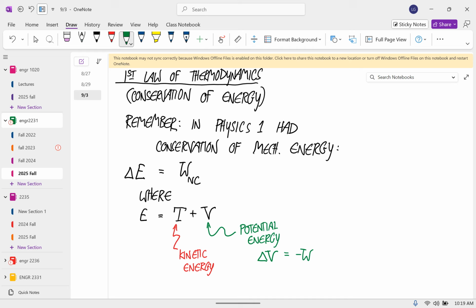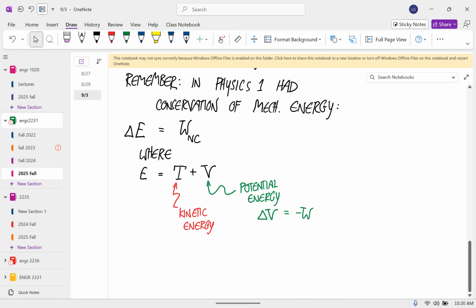So for gravity, when you're calculating the change in potential energy as it goes from this location to this location, you're just using a simplified way to calculate the work that gravity does. Okay, so now this is what you did before, right?